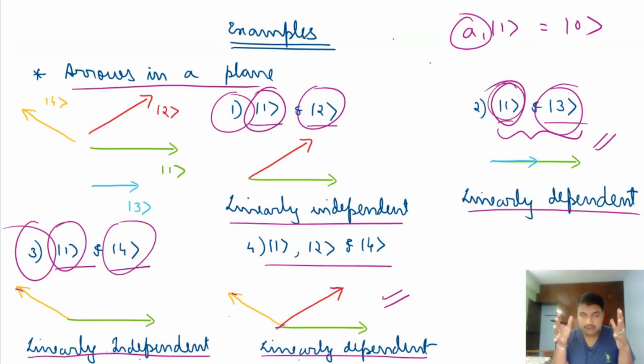The point I am trying to say is that in this particular example, we have a vector space whose dimension is 2, and that means that we can choose a maximum of 2 linearly independent vectors, but we can also choose one single vector which is linearly independent.